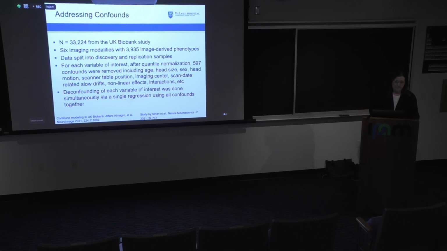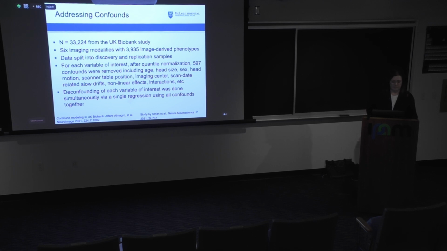So some of the confounds they removed included things like age, sex, and head size. So those were subject-specific confounds. But they also had scanner and acquisition parameters and related confounds, 48 head motion variables, table position variables, and nonlinear and interaction terms.